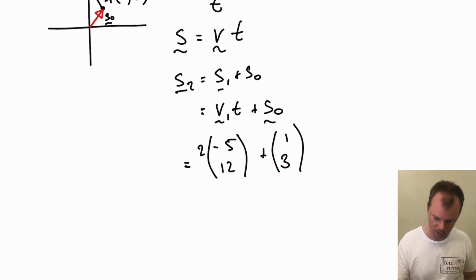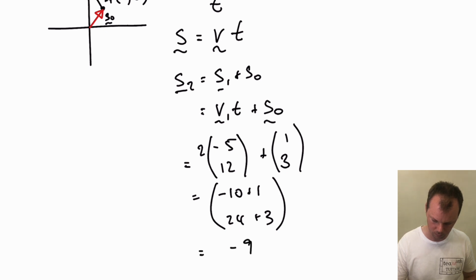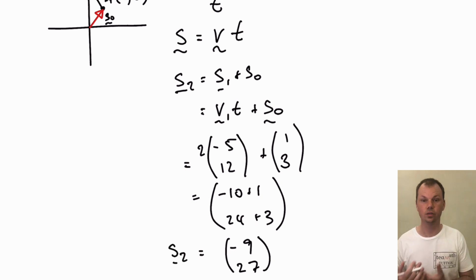We can do the arithmetic here, so we get negative 10 plus 1, 24 plus 3. Okay, and that's the position we're going to end up in after 2 seconds.